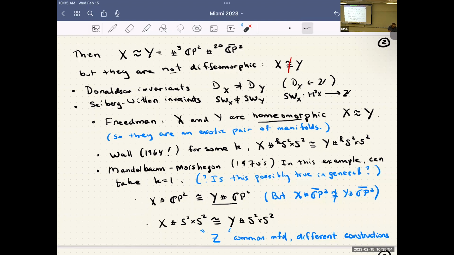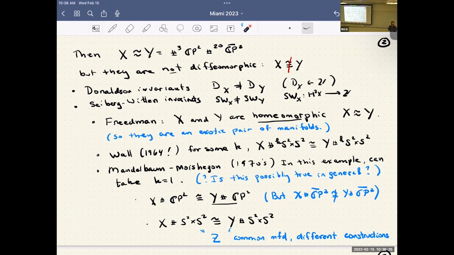Some 10 years later, there were the Seiberg-Witten invariants, which reformulated things. Those are also numerical invariants, but they are a function on spin C structures, or in this case, a function on the second cohomology. So Freedman would say that those manifolds are homeomorphic.